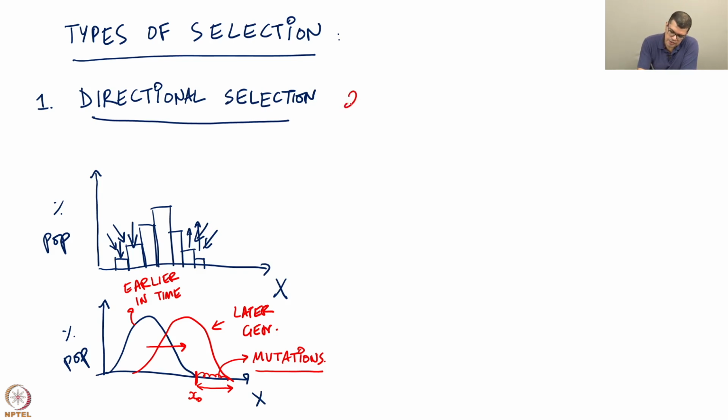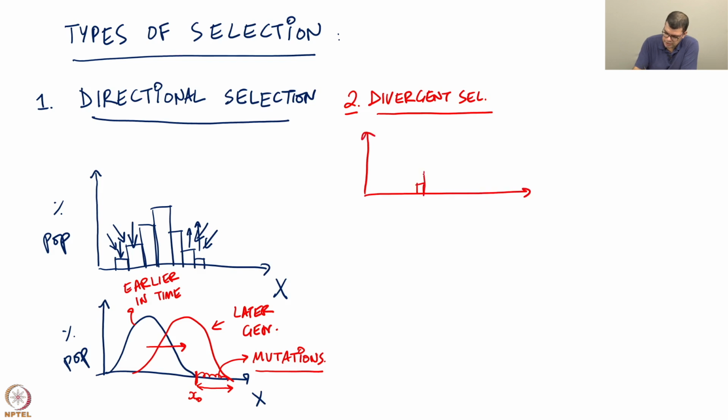As against this, you have divergent selection. In this particular scenario, let us imagine that the starting population exhibited a distribution such as this, and now selection acted on this population.